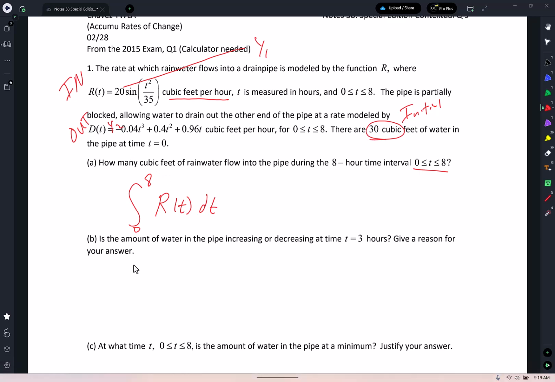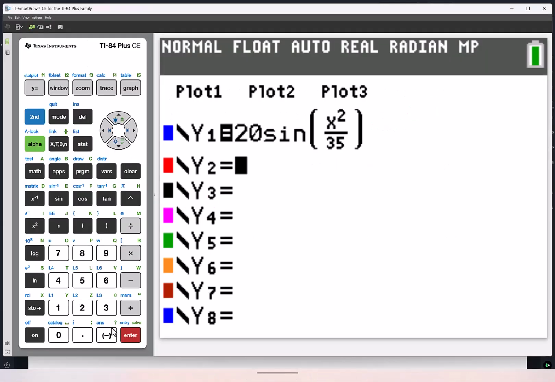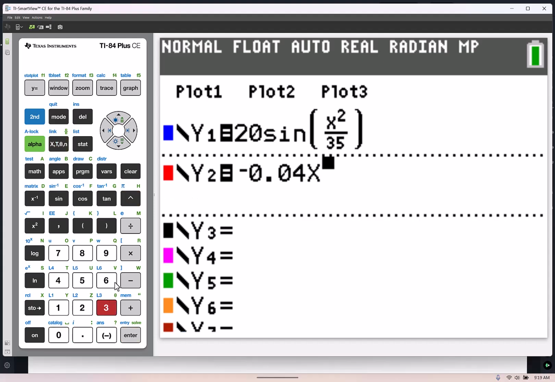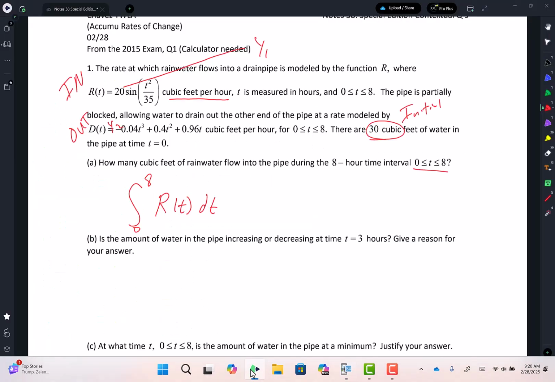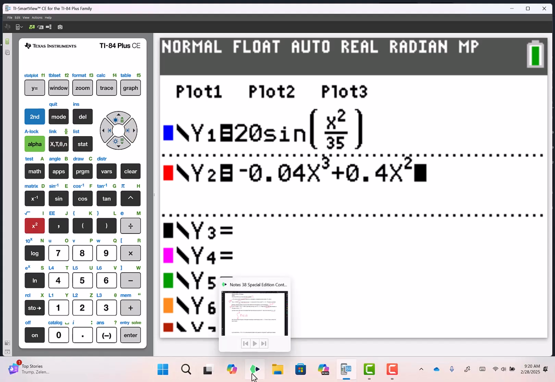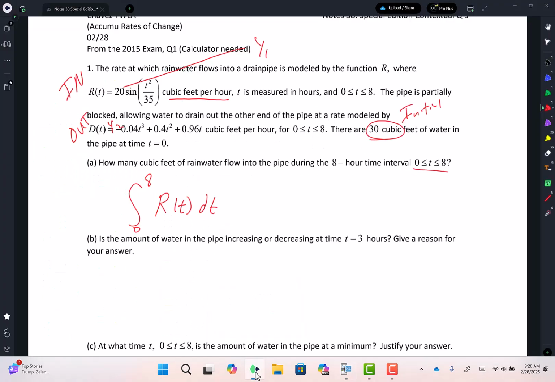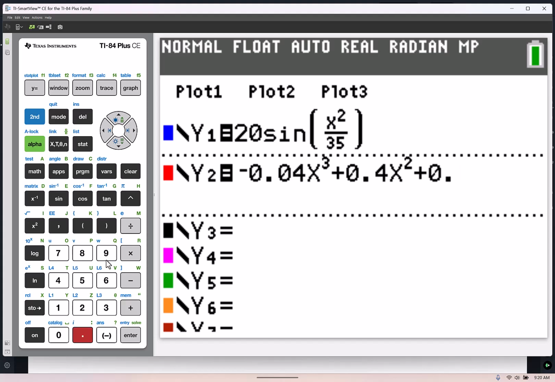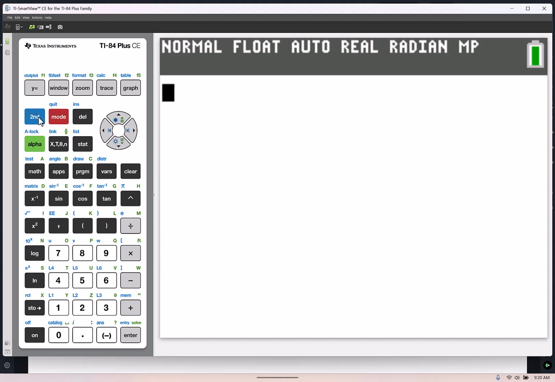Negative 0.004 t cubed, negative 0.04 x cubed, go down, plus 0.4 t squared, plus 0.4 x squared, and plus 0.96 t, plus 0.96 x. All right, I have y1 and y2. Here we go. I don't need the y2 yet, but I'm sure I'm going to need it eventually.